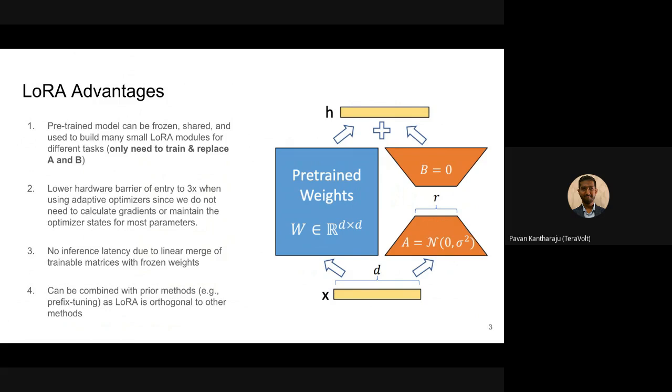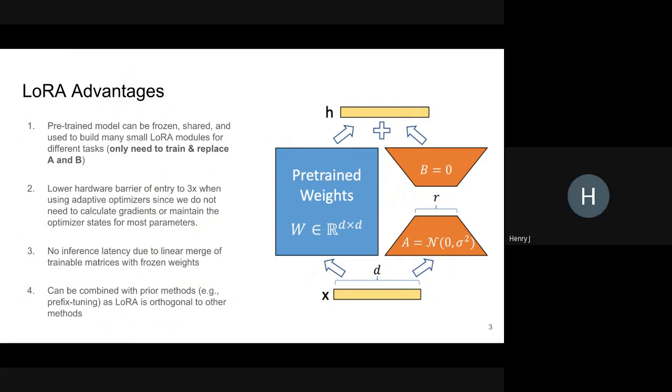So essentially, I'll go over this in the next few slides, but A does a transformation from D to R dimensions, and B does from R to D dimensions, and R can be very, very small. I think in the paper they were able to go up to R equals 1. So essentially, A and B can become vectors.